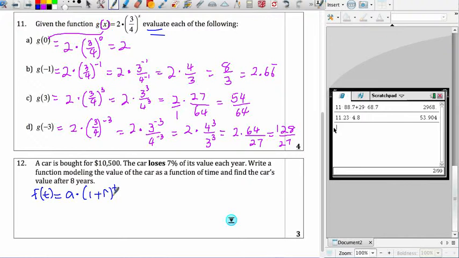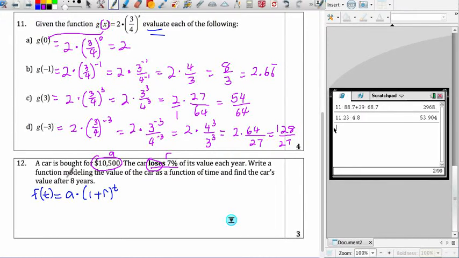In this case it's written as the exponential growth, but essentially we can determine that from the question to know whether we are using plus or minus. So here we have 10,500. That is our a value, the initial value of the car. The car is losing 7%, so that's our r value, and the fact that it's losing means we're going to make that r value a negative.